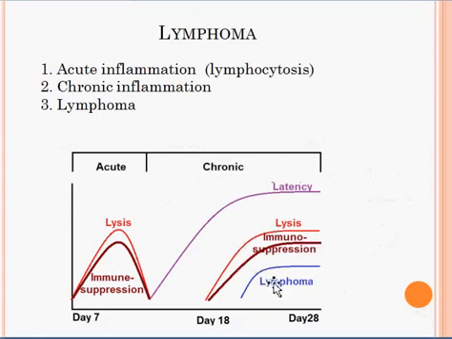Finally, we got to the stage of lymphoma. So we started with acute inflammation, which is called lymphocytosis. Then we got chronic inflammation. And finally, within the chronic inflammation, a lymphoma emerged.